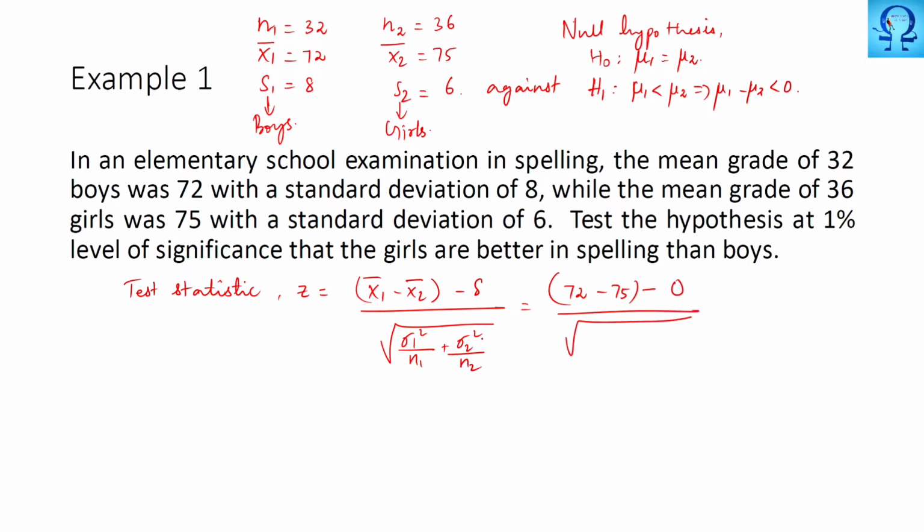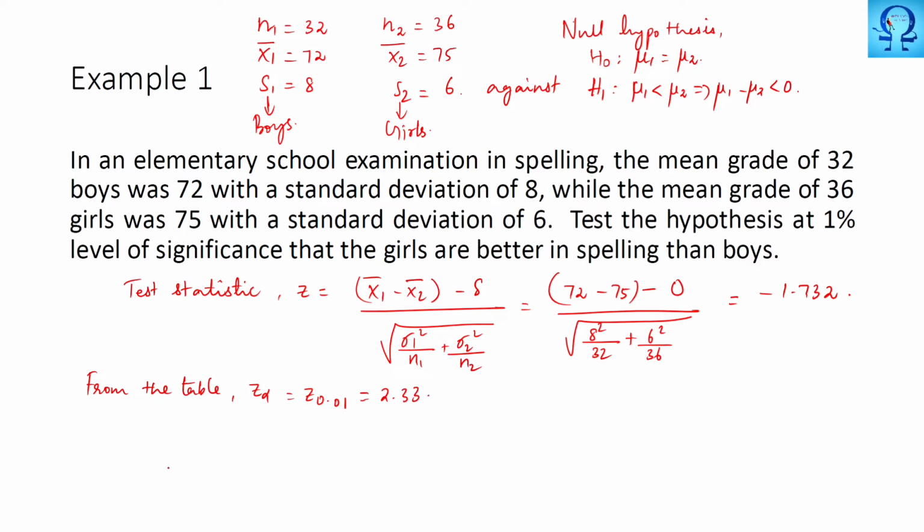Divided by, we do not know the sigma 1 value, so we just make use of the available value itself. When you perform this calculation, you would get minus 1.732. Now from the table, we need to calculate Z alpha, that is Z 0.01, which is 2.33.